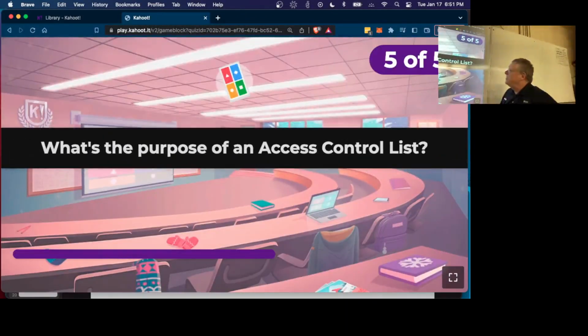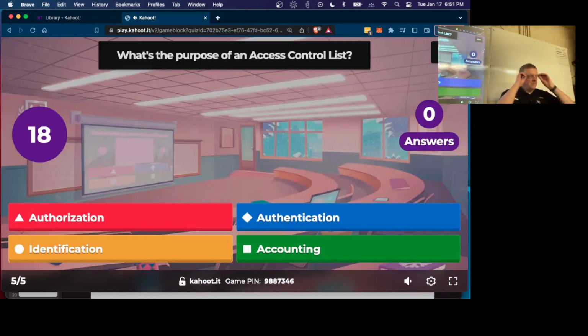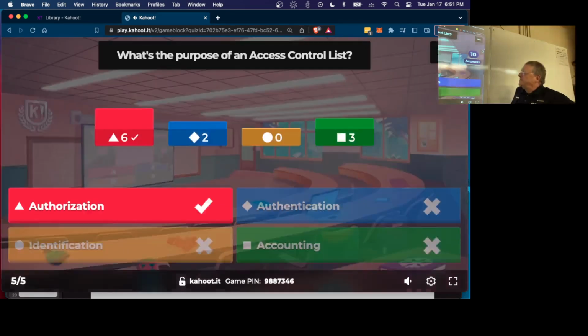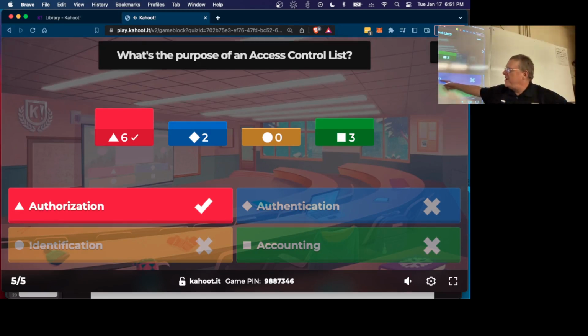All right, what's the purpose of an access control list? Yep, that's authorization. Identification is claiming to be somebody, authentication is proving it, and authorization is, now that I know who you are, a list of who's allowed to do what.